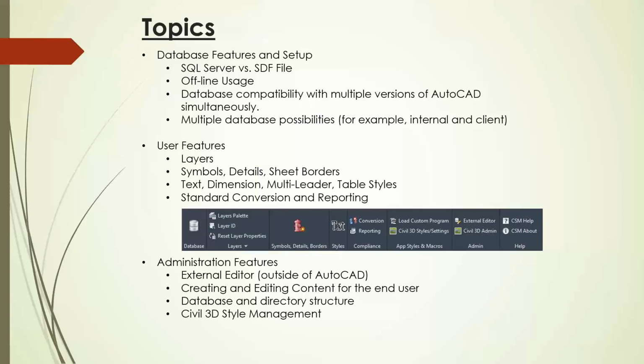The only problem you might have is when you're inserting symbols and details, because those symbols and details can have a version of AutoCAD. If you're using, say, 2016, and it doesn't have the 2018 drawing file format, you're going to have problems inserting files. But other than that, anything 2018 or higher, which is typically everything nowadays, is compatible.